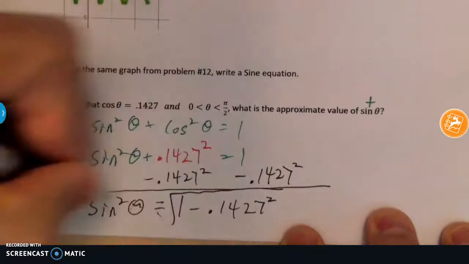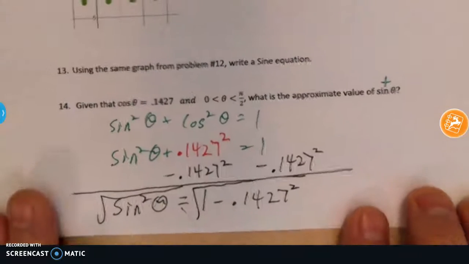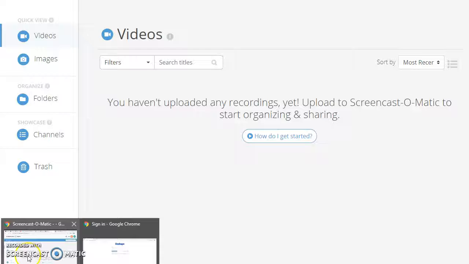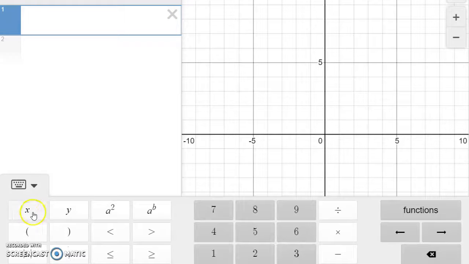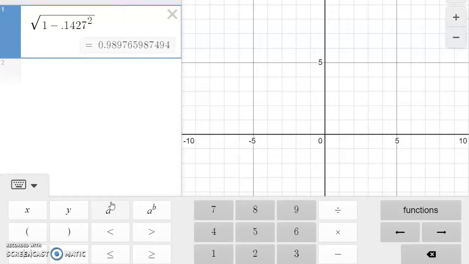Now if I take the square root of both sides, I'm going to get the sine of theta. Let's go back to Desmos here, and we need the square root of 1 minus 0.1427 to the exponent of 2.